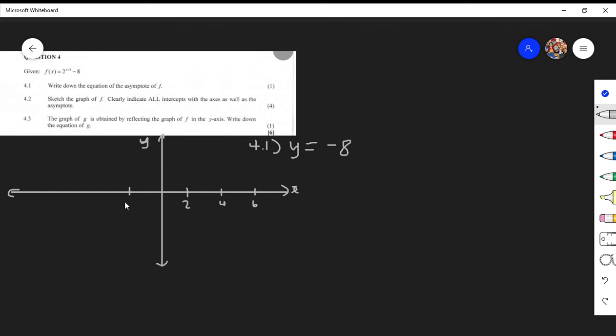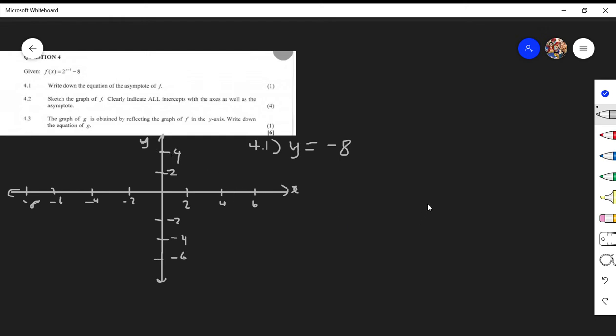We can make this negative 2, negative 4, and negative 6, and negative 8. We can make this 2 and 4. Let's extend this a bit. So we can make this negative 2, negative 4, and negative 6.